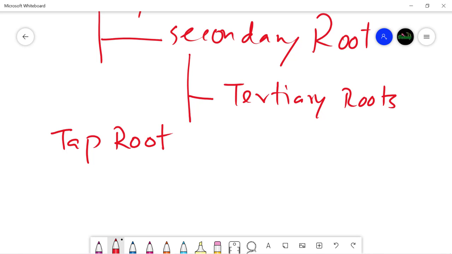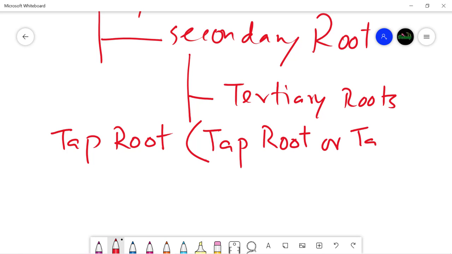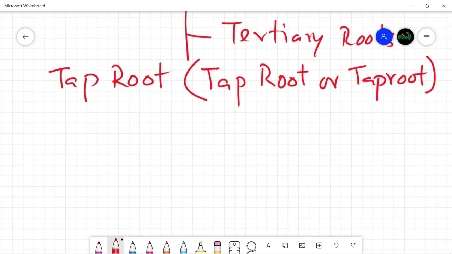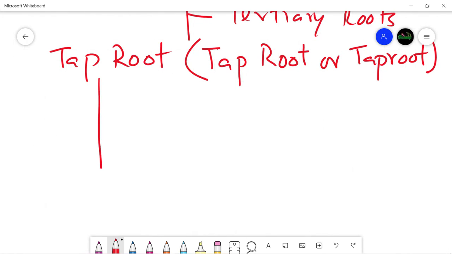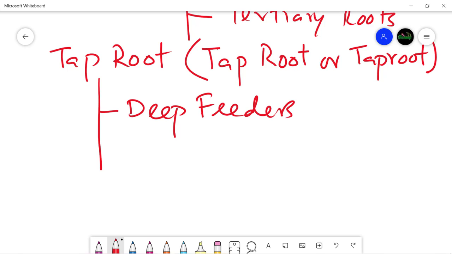Now as far as the word taproot is concerned, you can use both versions, tap and root separately, or you can write it together. One of the classifications is based on the extent to which the taproot grows into the soil. So we have deep feeders and we have surface feeders.